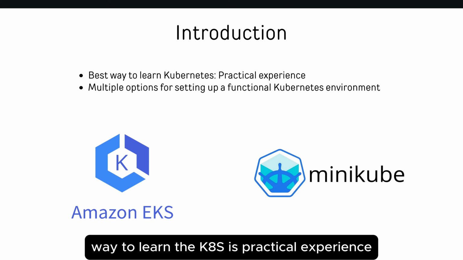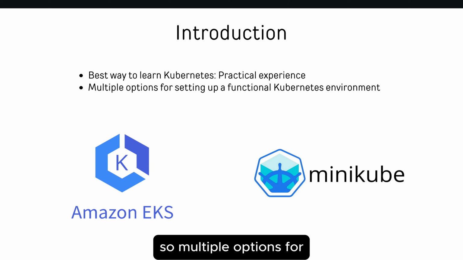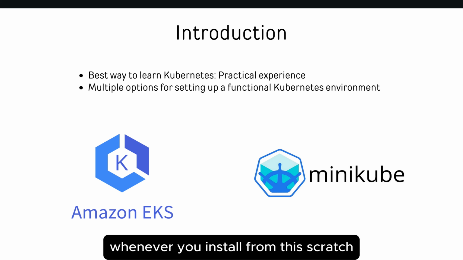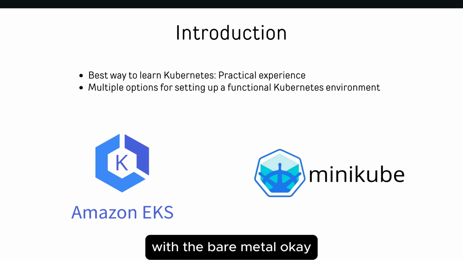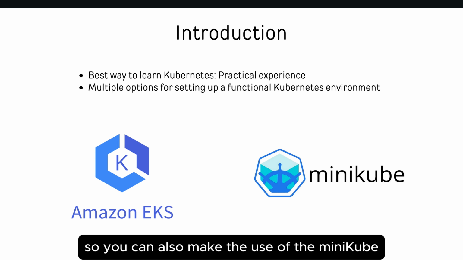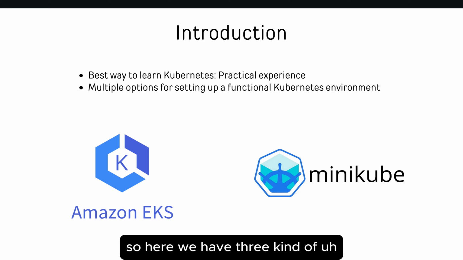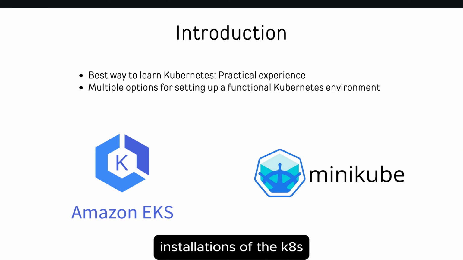The best way to learn Kubernetes is practical experience. Multiple options are available to install Kubernetes, but a functional Kubernetes environment is a little bit difficult when you install it from scratch on bare metal. You can also make use of Minikube to have a fully functional Kubernetes in a local setup. So here we have three kinds of installations of Kubernetes.